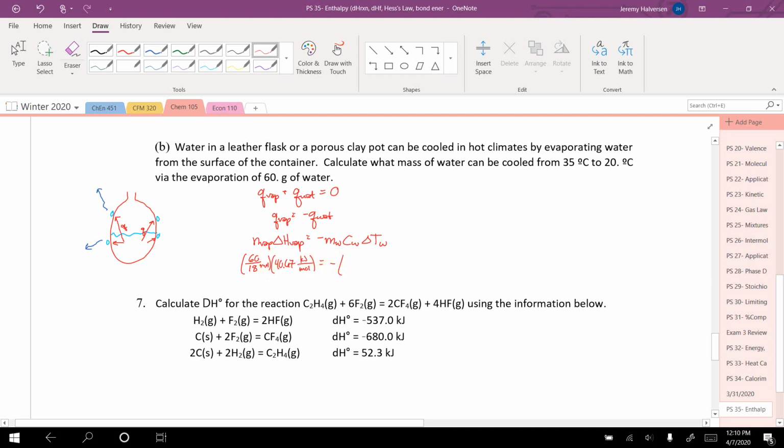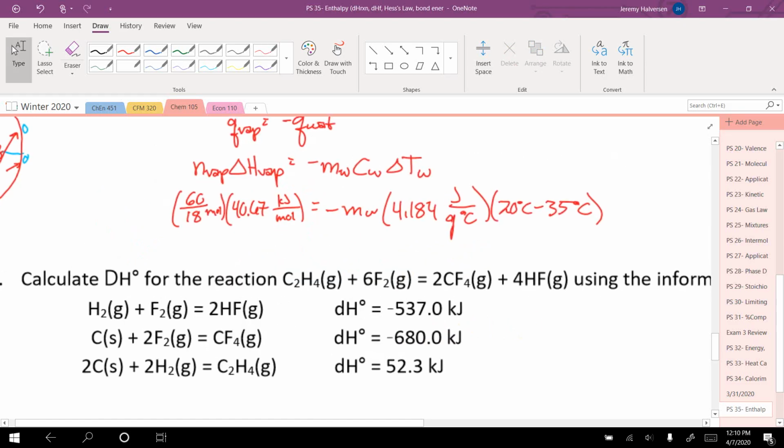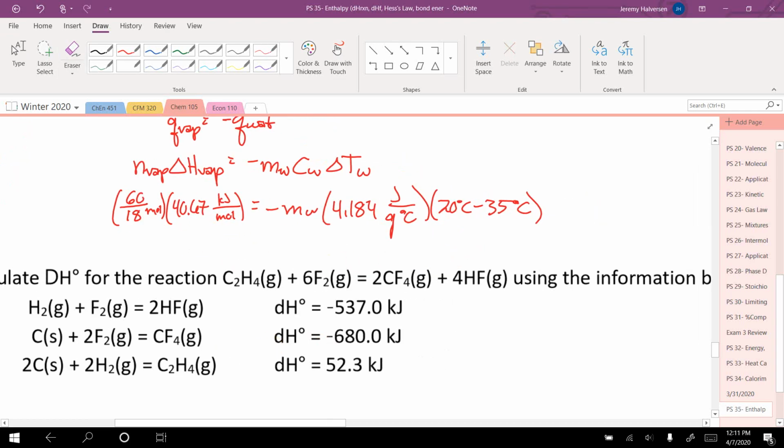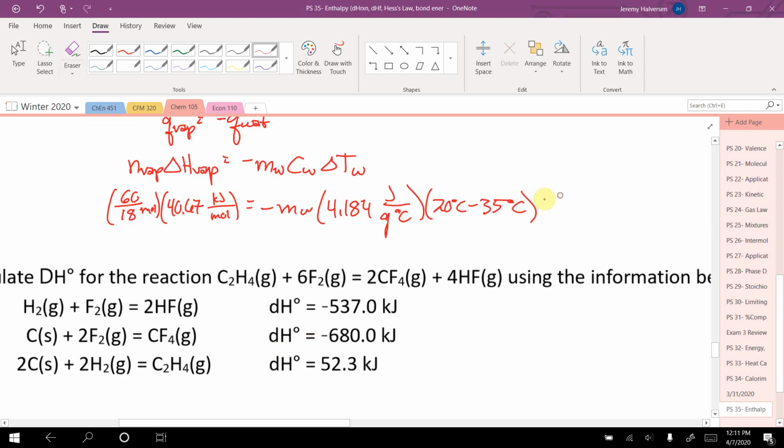Equals negative the mass of my water on the inside, that's what I'm looking for. How much water could I cool down? I've got 4.184 joules per gram degrees Celsius, and my temperature changes from 35 to 20, so 20 degrees Celsius minus 35 degrees Celsius. Now if we look at the units, on the left side we'll have kilojoules, but on the right side we'll have joules. To change that, I want to get to kilojoules. There's 1,000 joules in 1 kilojoule.